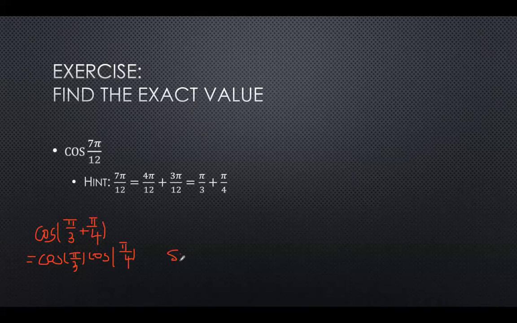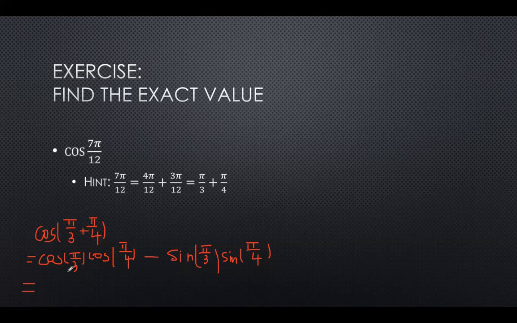And the other one is sine of pi over 3 times sine of pi over 4. And for cosine, the sign in the sum identities is opposite to the sign in the angle. So this is minus.